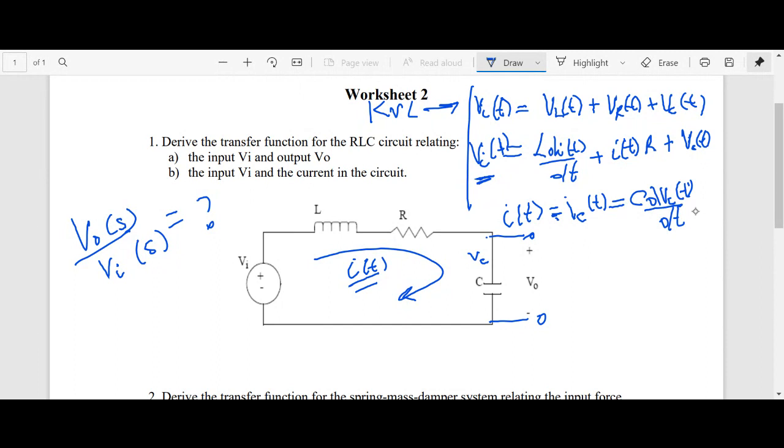So the capacitor current is equal to the capacitance times the rate of change of the capacitor voltage, VC. Okay? So wherever we see I of T, we can replace it with C dVC of T dt.